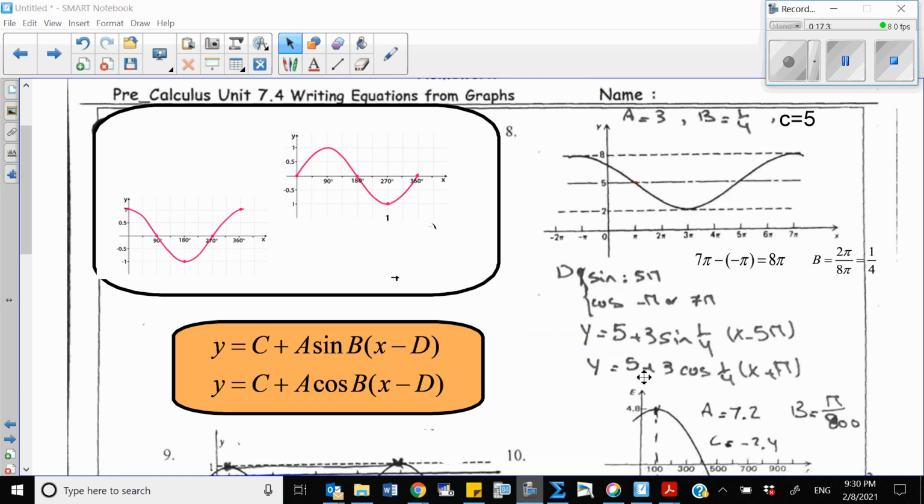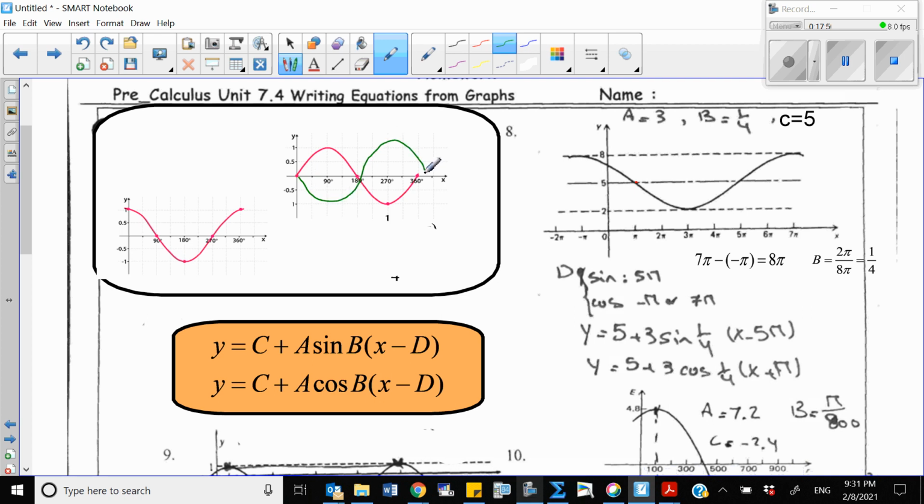Okay, now let's find two more functions here. Imagine that we have a sine function and I reflect it over the x-axis. If I reflect it over the x-axis, the graph is going to look like this, upside down. In this case, the function will be y equal to negative sine of x.